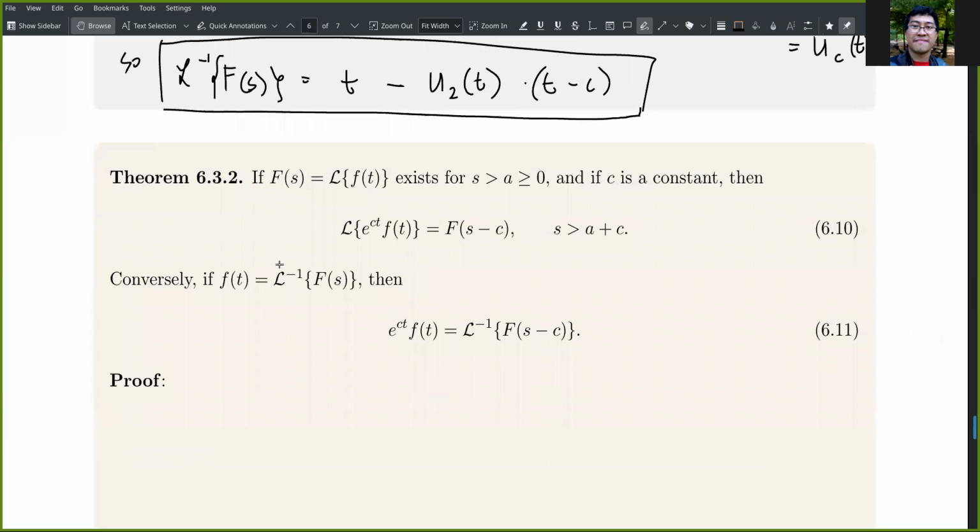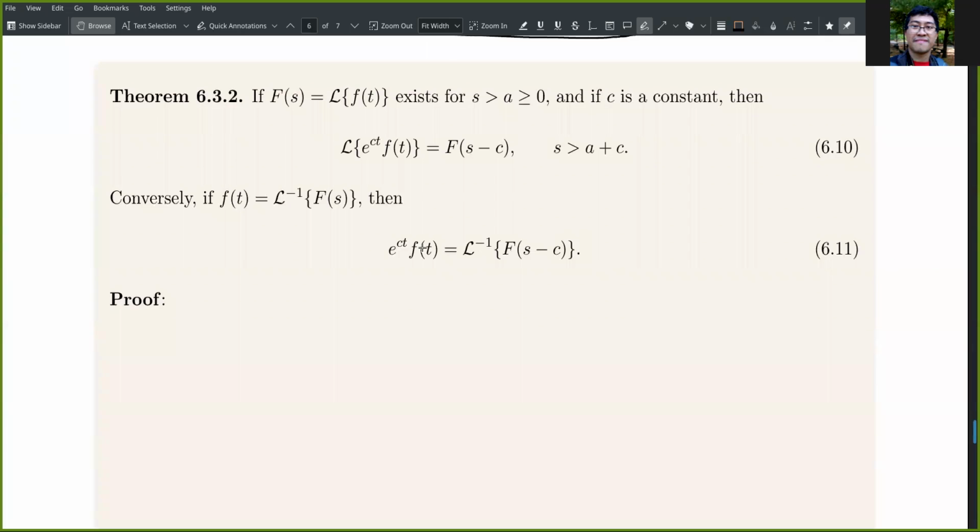Another theorem: if F(s) equals the Laplace transform of f(t) exists for s greater than a, where a is greater than or equal to 0, and c is a constant, then the Laplace transform of e^(ct) f(t) is equal to F(s minus c).